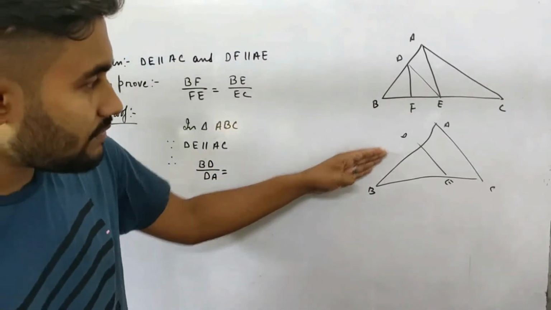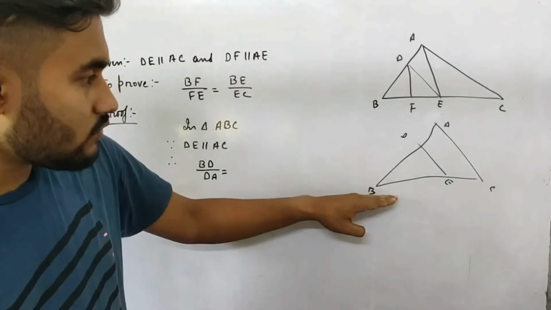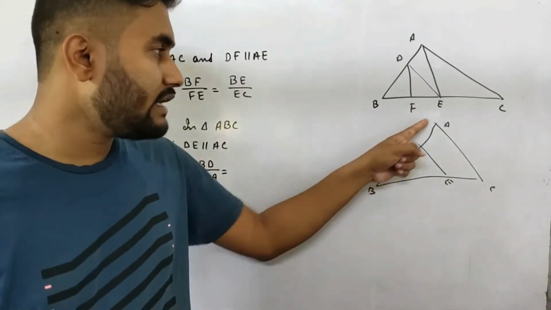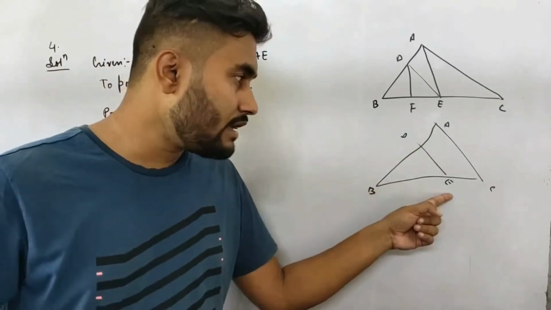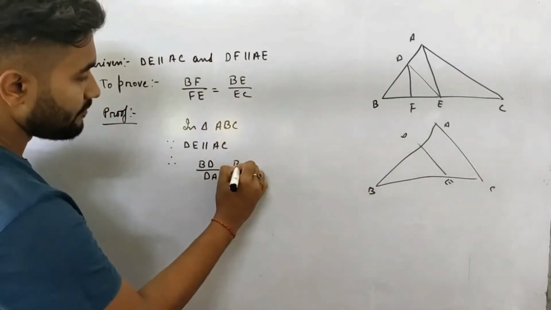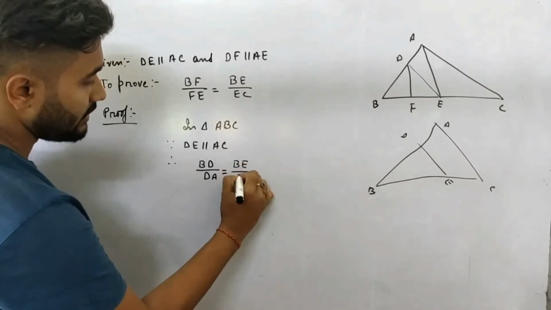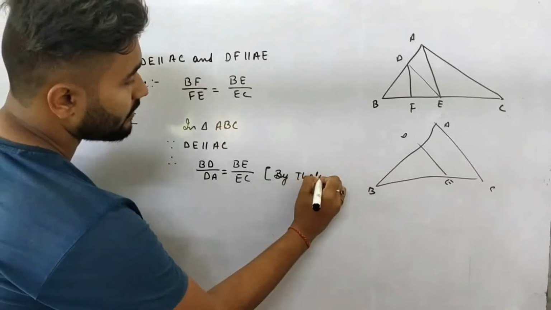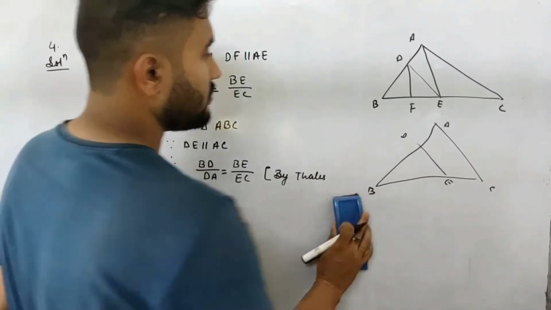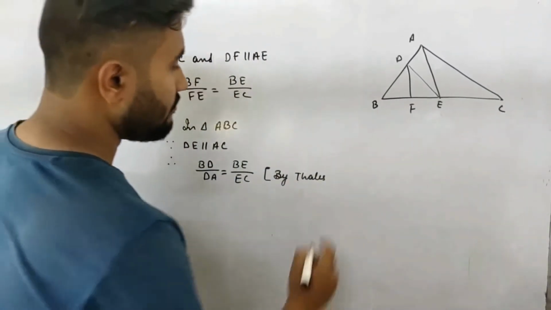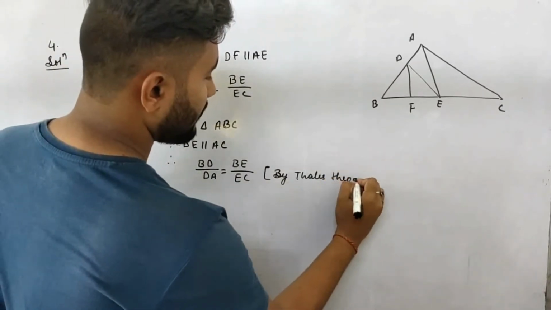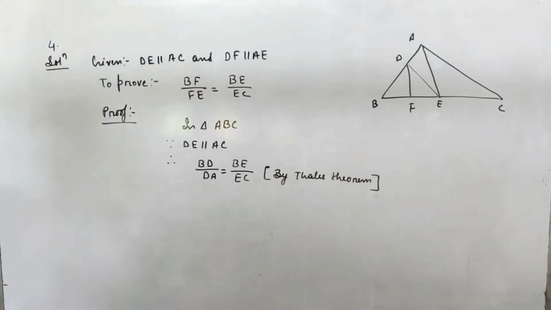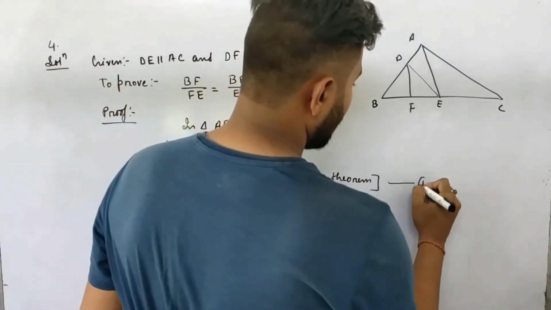BD by DA. This will be equal to what? BE by EC. Right? So it will be like that. BE by EC. So you give the reason by what? By Thales theorem. Okay, by Thales theorem. Done. Next, you give this as equation 1. Okay, this is equation 1.